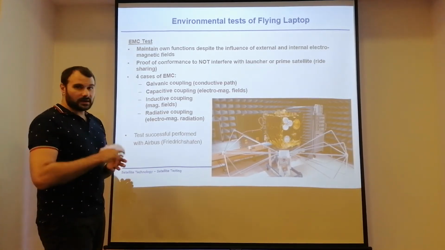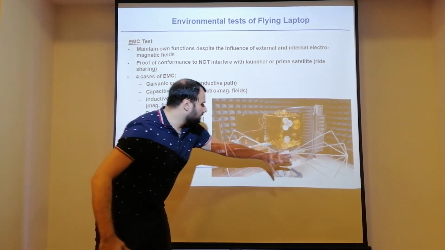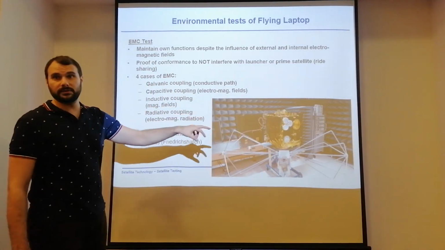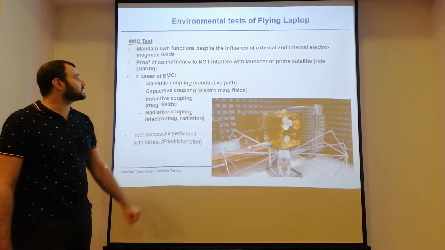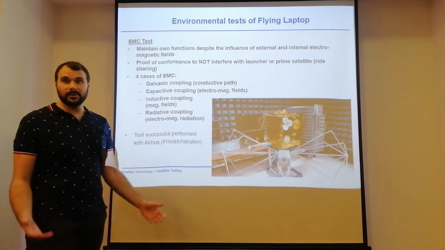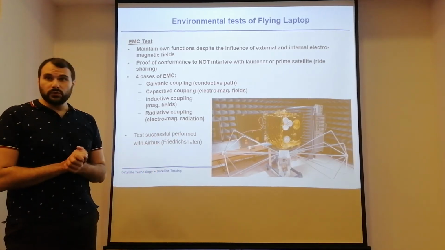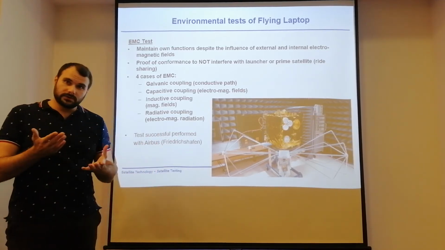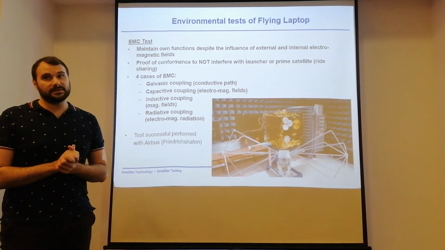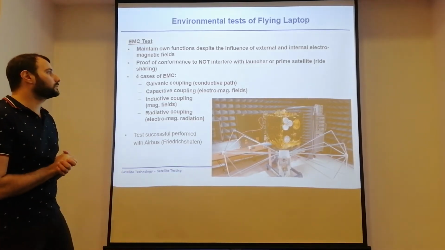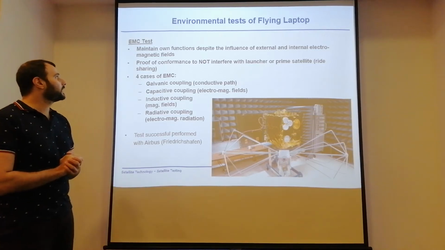So you apply some electromagnetic fields from the outside and you test that the satellite continues working without being influenced by those external signals. Why do you do that? Well, you might be prone to any EMCs during your launch or by other satellites once you're in orbit. They might interfere with your satellite and you want to make sure that this is not the case.